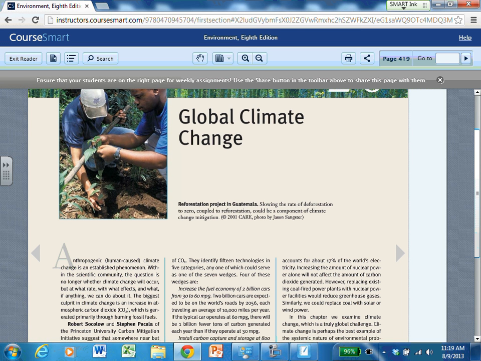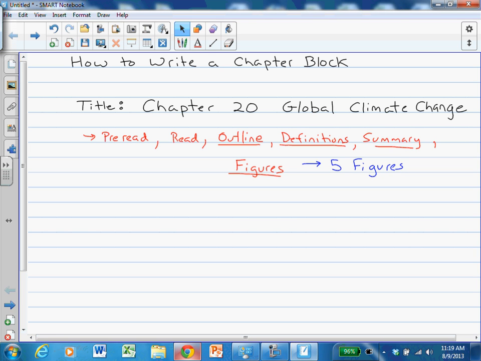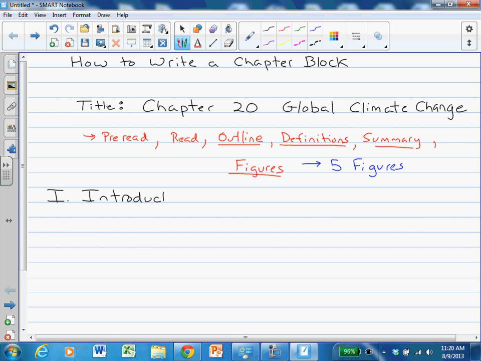Good. Okay, so after we've done our reading now, what I like to do is underline as I read or highlight stuff that I'm going to write down in my summary. So the first part is the outline, so that's just going to be introduction. It's just an introduction part there.